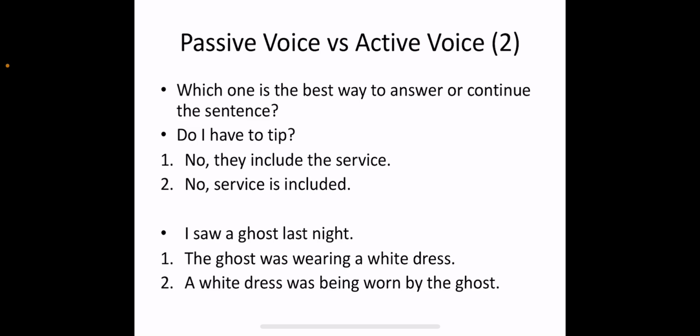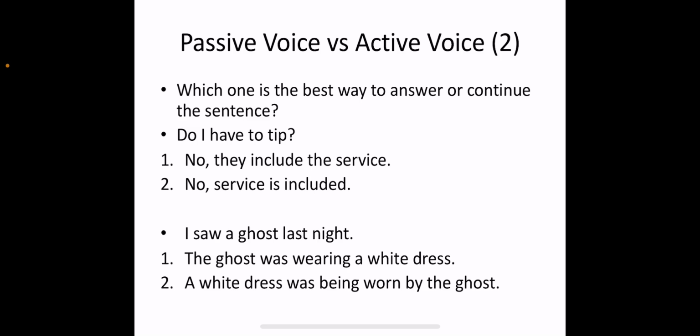So the first one, number 1, I think it's the best way to continue the sentence. I mean, with the active voice. So I say the ghost was wearing a white dress. Starting my sentence with a white dress in passive voice, number 2, is not the best way because I'm talking about something that has not been mentioned in the sentence before.